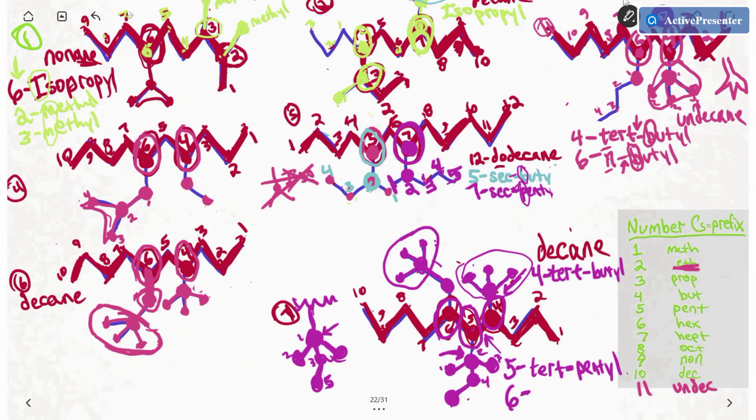It's attached to 4 because it's attached to this one up here and these 3 down here. And the attachment carbon is not attached to 3 other carbons. It's only attached to this one where everything splits. So it's not tert. When it's a chain and we're worried about what's at the end of the chain, and it's a chicken foot, that's called neo. So at carbon number 6 on the parent chain, you're going to have hyphen neo, and this is 5 carbons in the substituent as well.